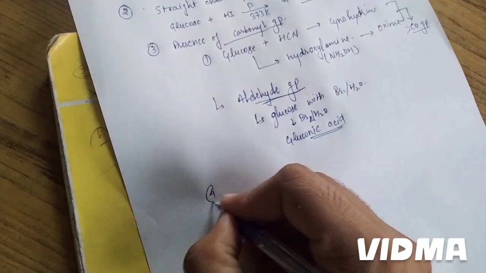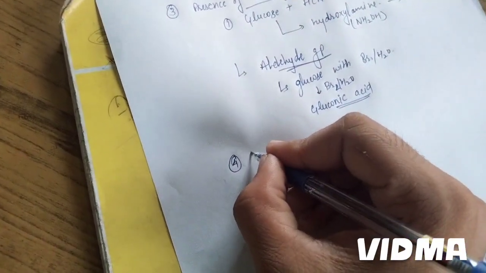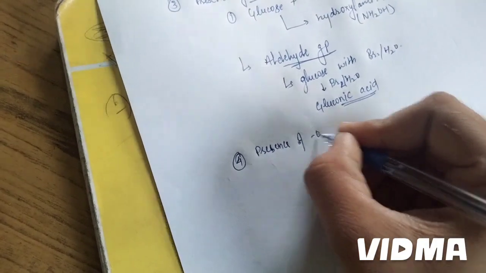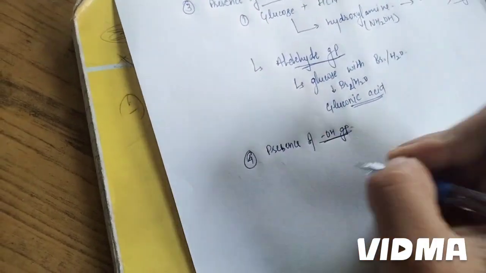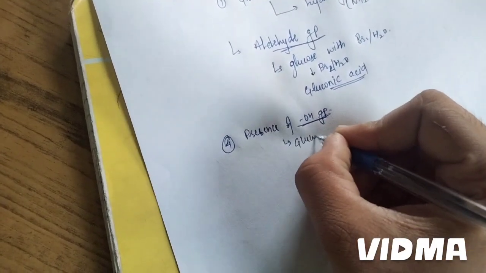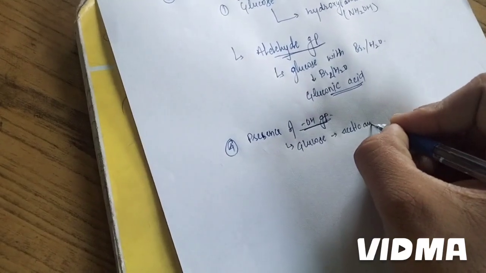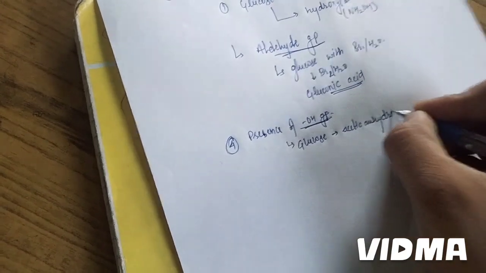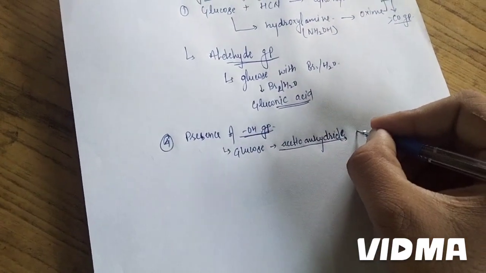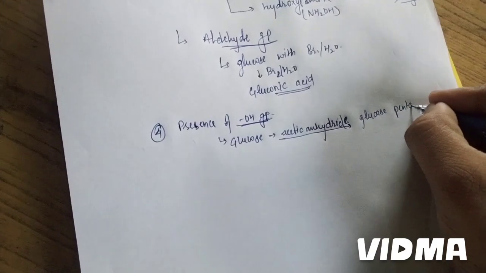Now moving toward our fourth point, that is the presence of hydroxyl groups. So when glucose was reacted with acetic anhydride, it gave glucose pentaacetate.